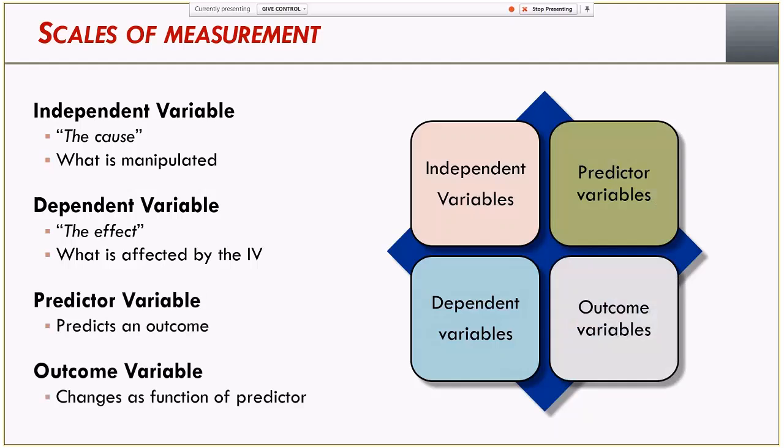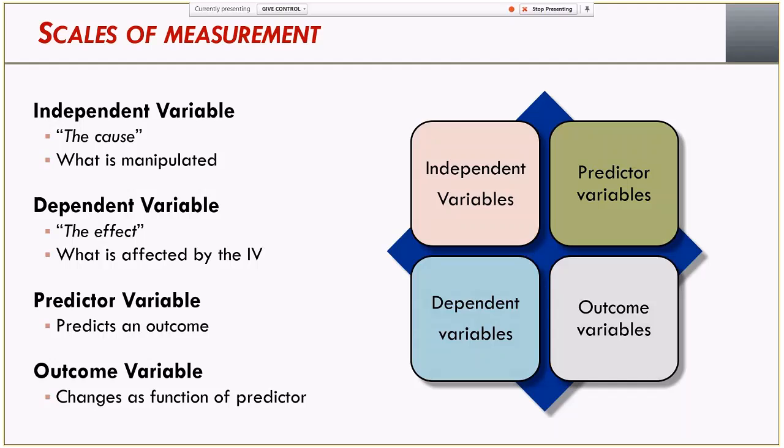Within an observational research framework, we refer to these variables as predictor and outcome variables. The predictor variable is analogous to the independent variable, the variable in your data that is thought to predict an outcome. The outcome variable is thought to change as a function of the predictor variable.